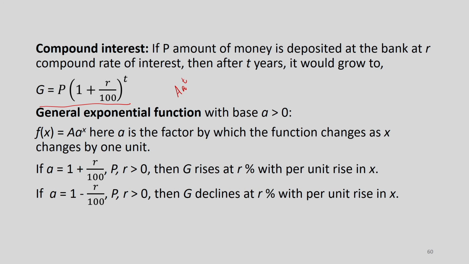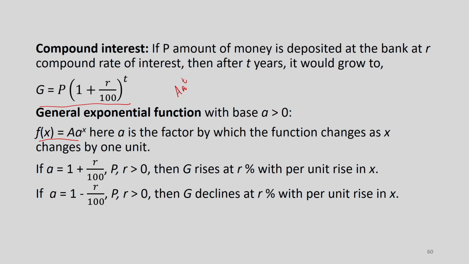Now, a general exponential function with base small a, which is greater than 0, can be written as the following: f of x is equal to capital A multiplied by small a to the power x. Remember, here I am not using t anymore, I am using x, because t was time, right, but there could be some other variables also that one could be considering, which is changing and which might be affecting the value of the variable.